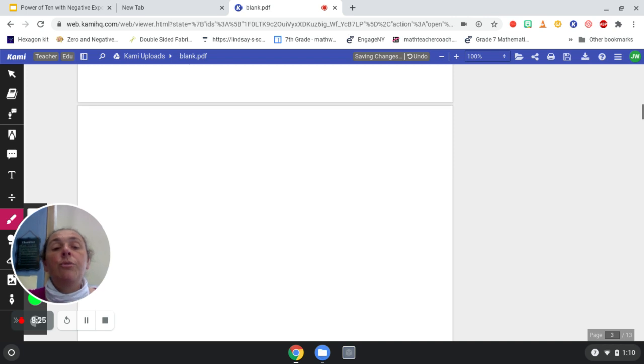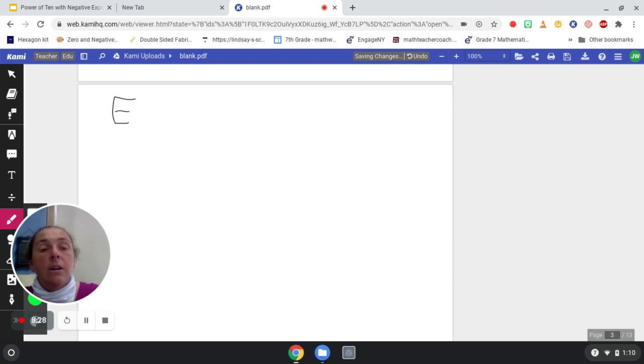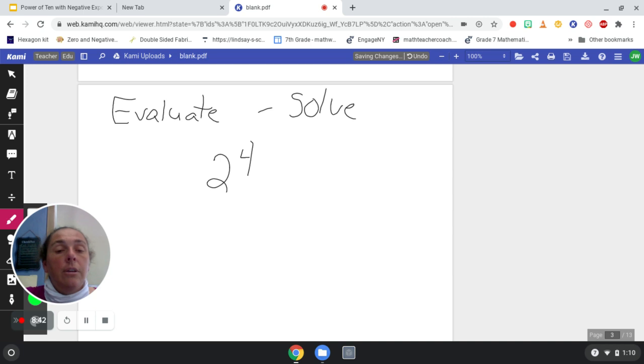Now, sometimes we'll use the word evaluate or solve. That means I actually want to do all the math that I can, and I want to get one answer. So if I said evaluate 2 to the 4th, okay, I can just solve that. Now, if I need to expand it, let's say I'm going to multiply it by myself with no calculator, I might want to expand it first, multiply the first 2 numbers, so now that becomes 4.